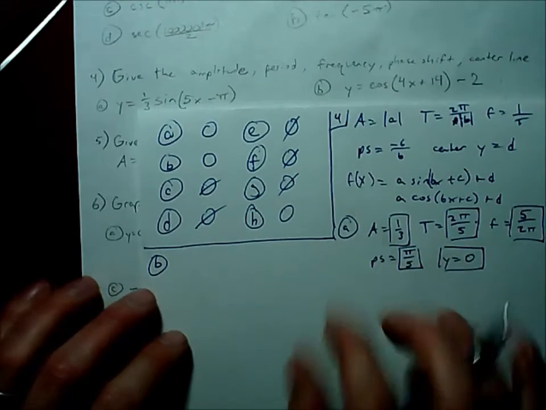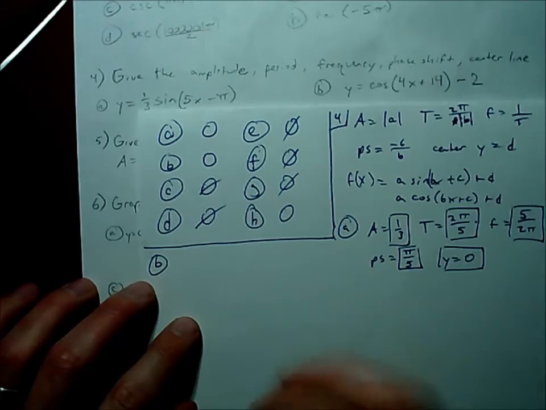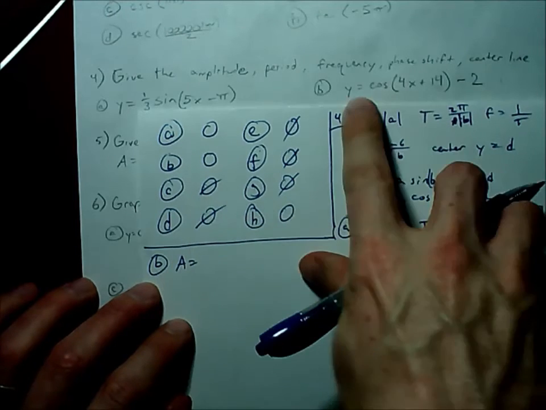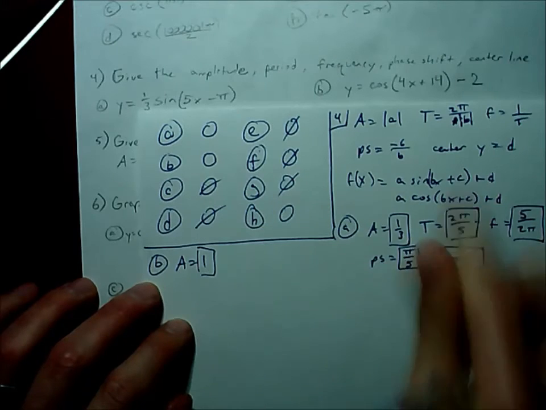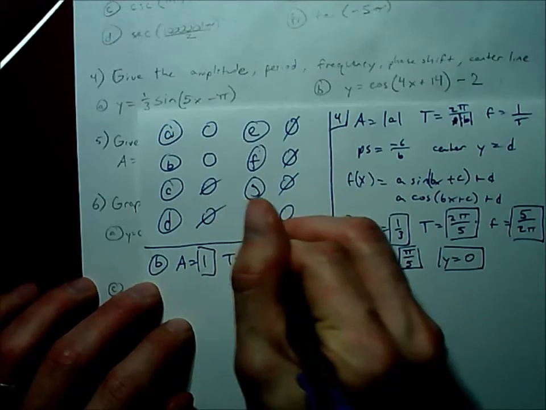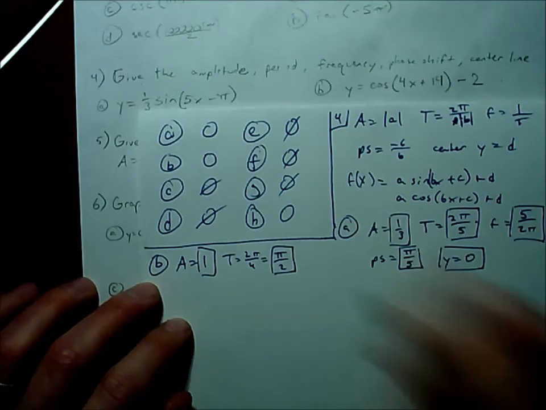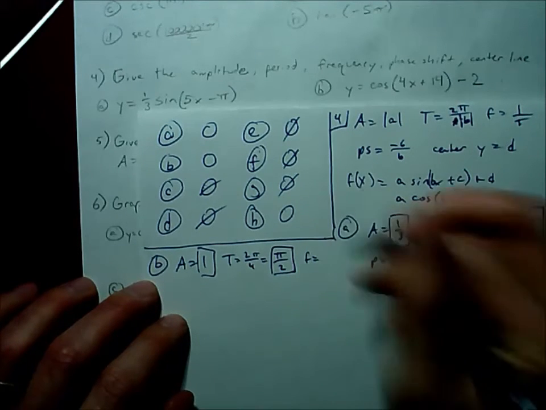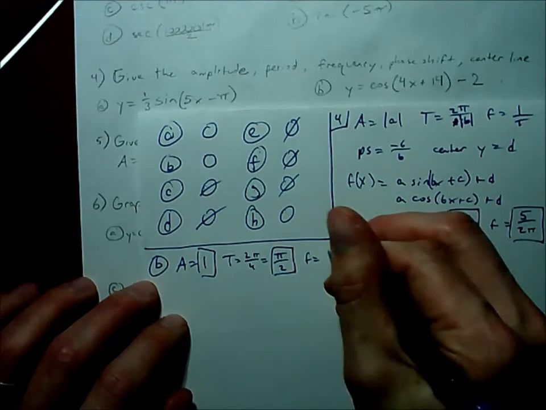So for B, we've got y equals cosine of 4x plus 14 minus 2. So the amplitude, because A is 1, will be 1. Then the period, 2 pi divided by B, so 2 pi divided by 4, which reduces to pi over 2. The frequency is 1 over the period, so 2 over pi.